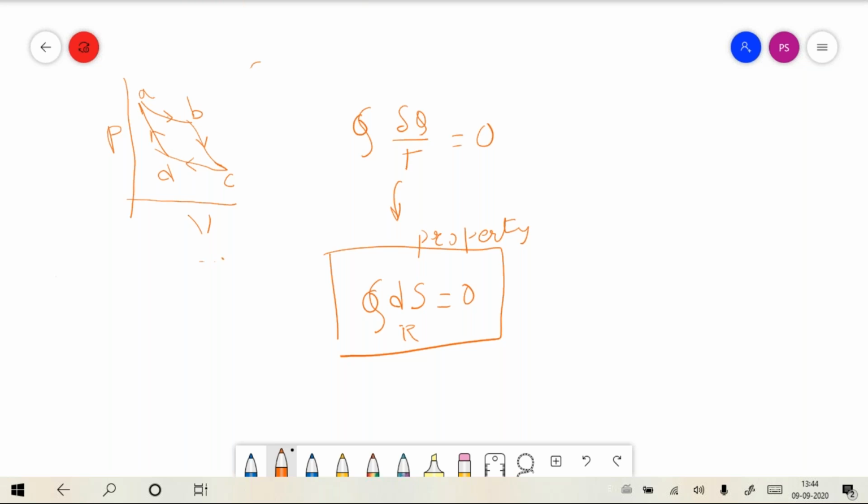We went on to prove that there exists a certain property whose change is given by del q by t.